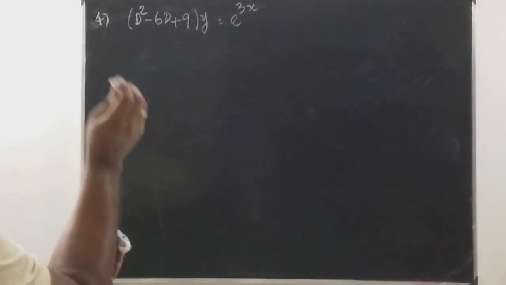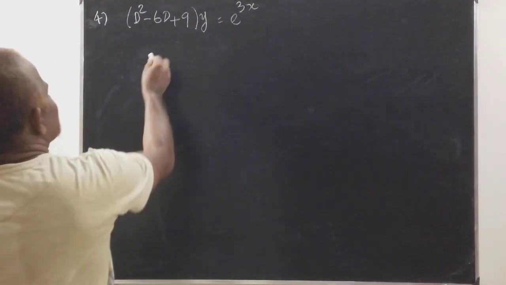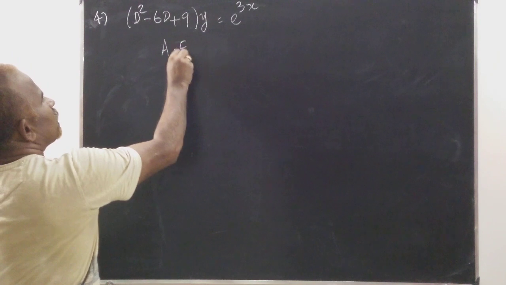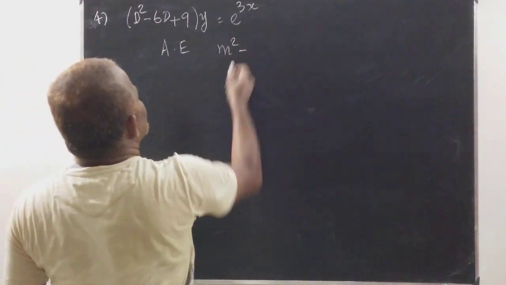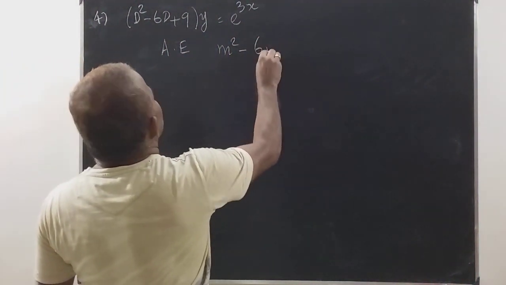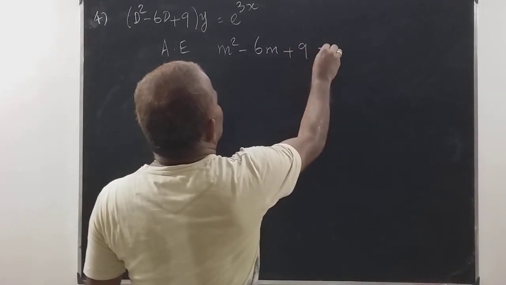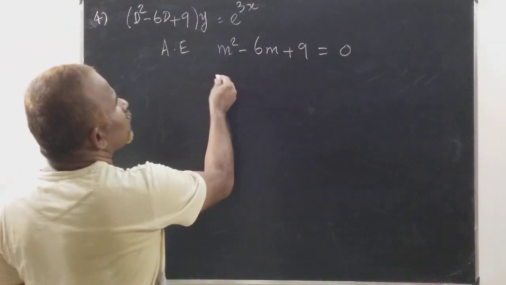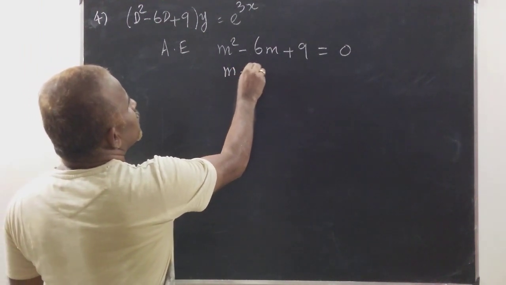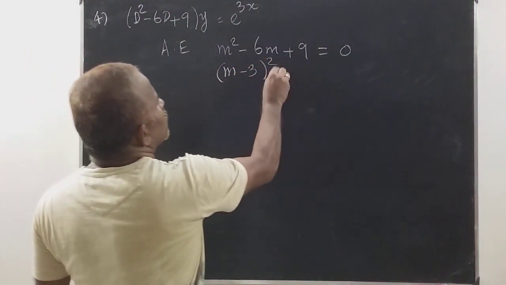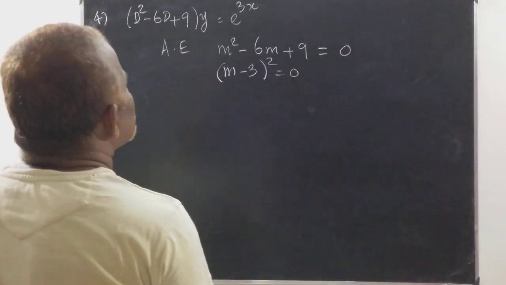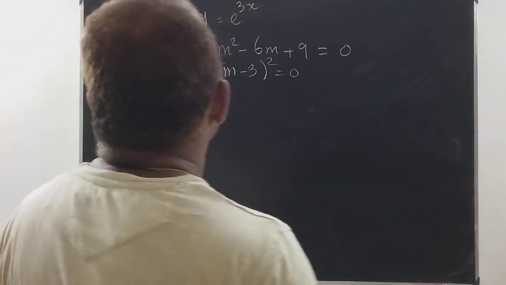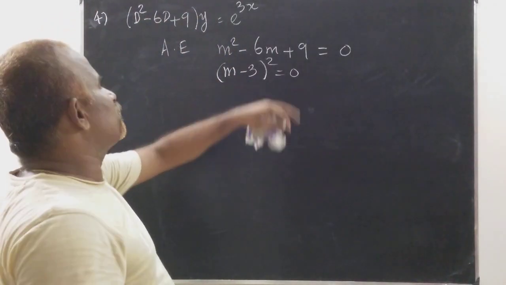Here the auxiliary equation is m squared minus 6m plus 9 is equal to 0. So m minus 3 whole squared is equal to 0, because m squared minus 6m plus 9.